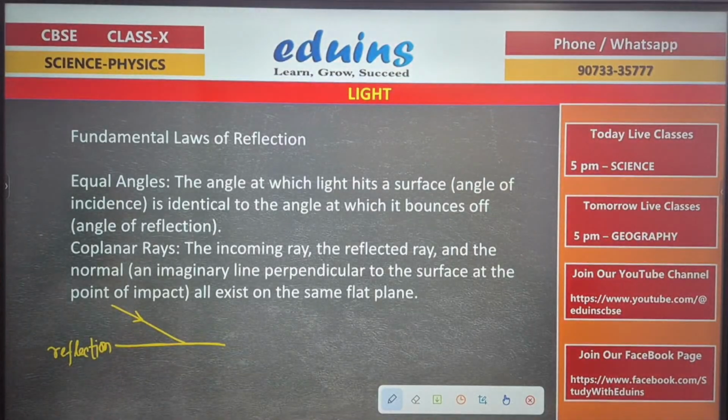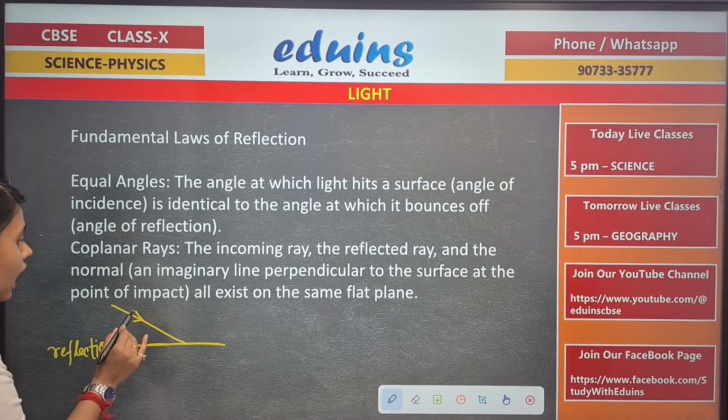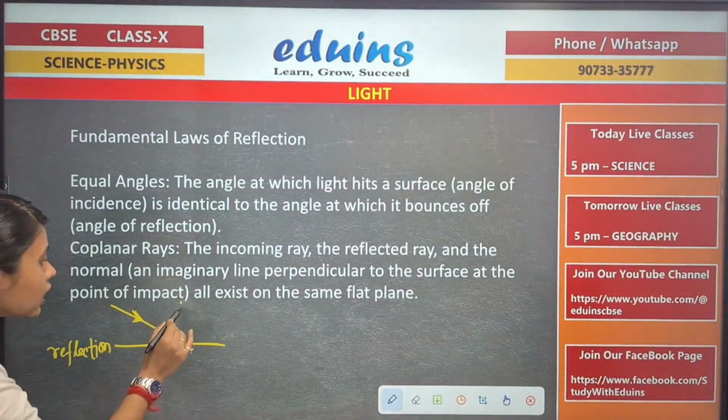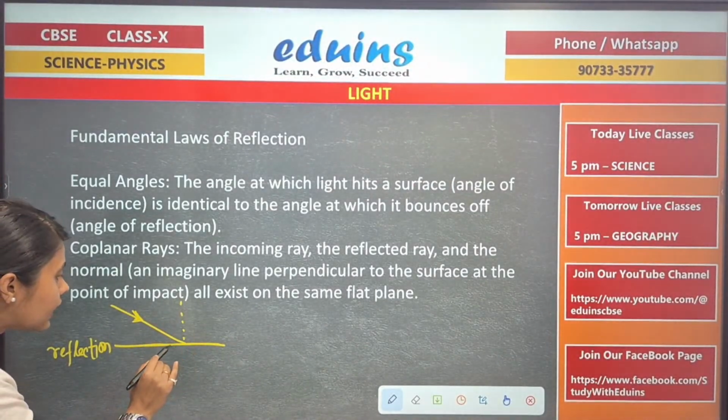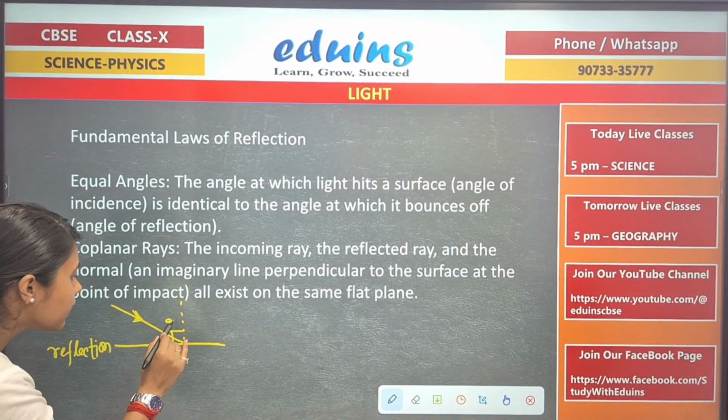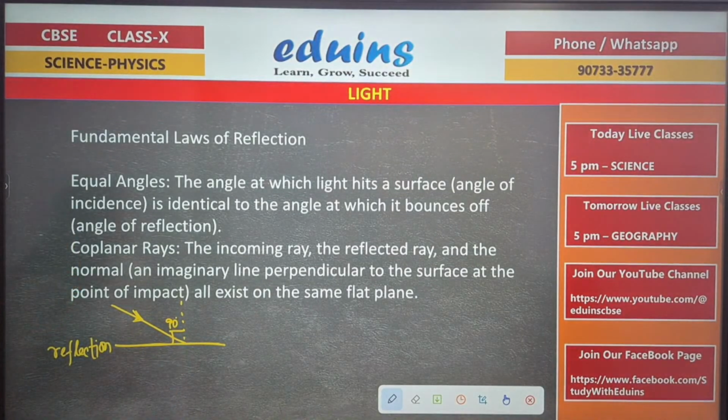And what is the incident ray? The light that hits the surface. This is the incident ray and this is the normal, which is 90 degrees from the surface. There, reflection happens, where reflection occurs.